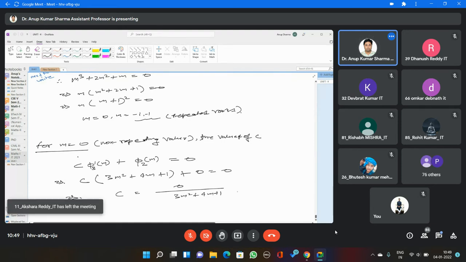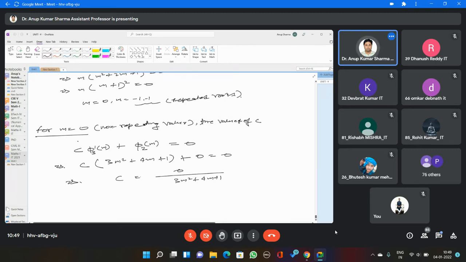So for m is equal to 0, c is equal to 0, plus 1 is equal to 0.